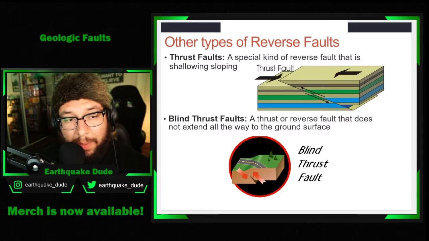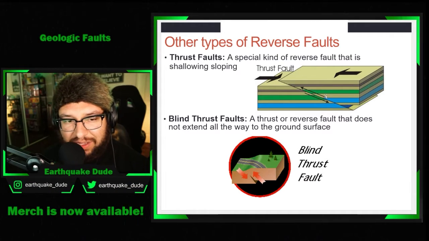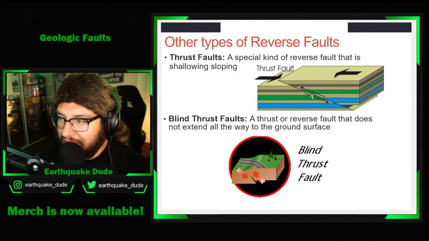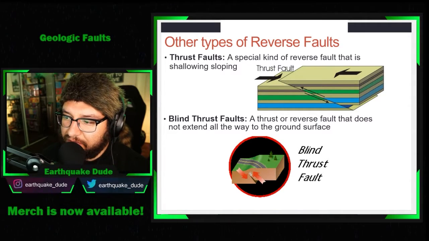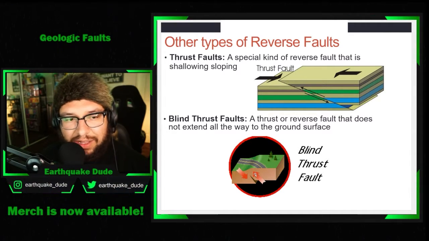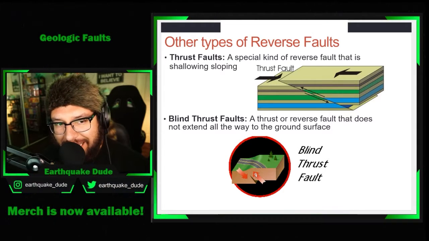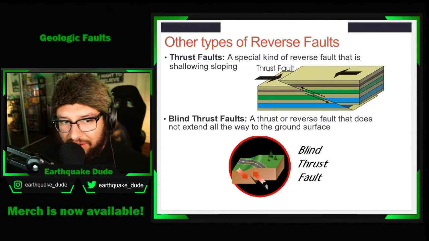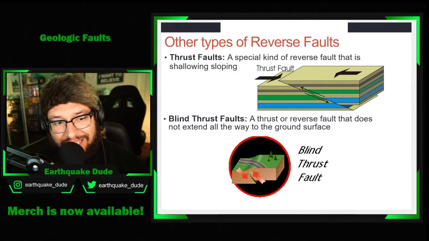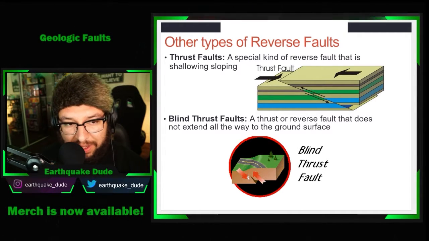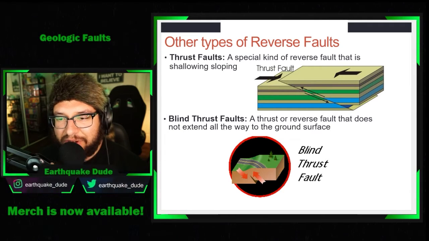Now, a blind thrust fault is the same thing as a thrust fault, except the fault doesn't make it up to the surface of the earth. That's how it gets its name, blind, because it doesn't make it up to the surface. A good example of this is the 1994 Northridge earthquake, which was on a blind thrust fault. So, the more you know.